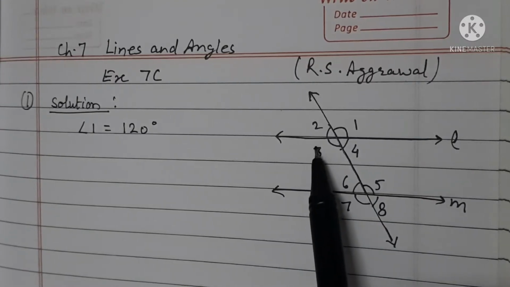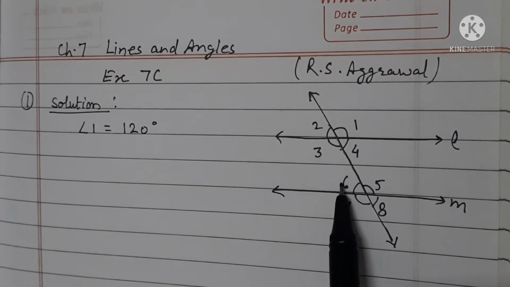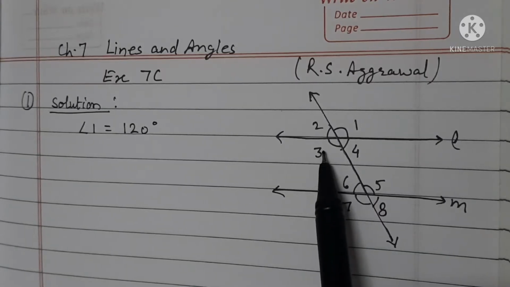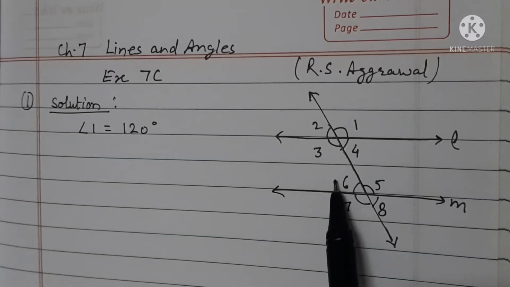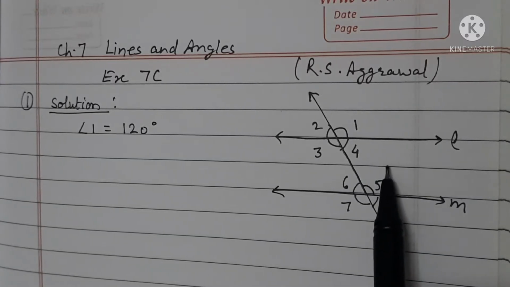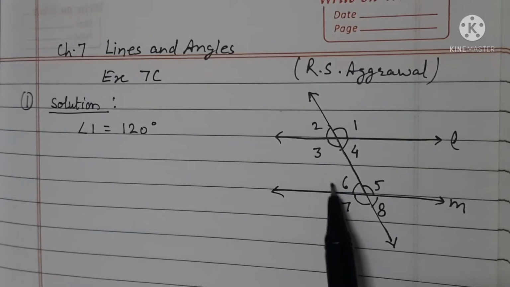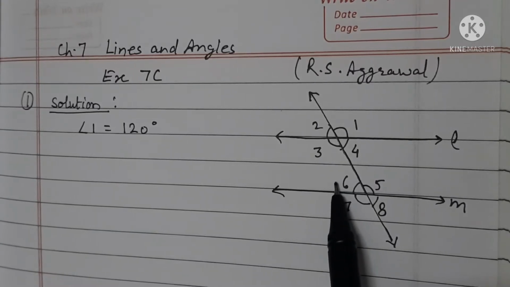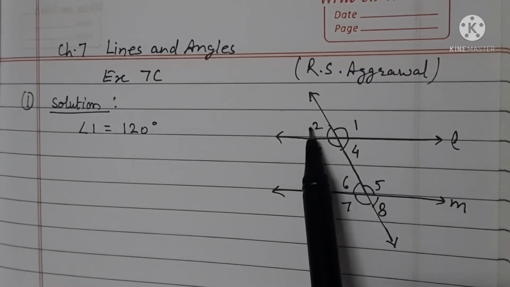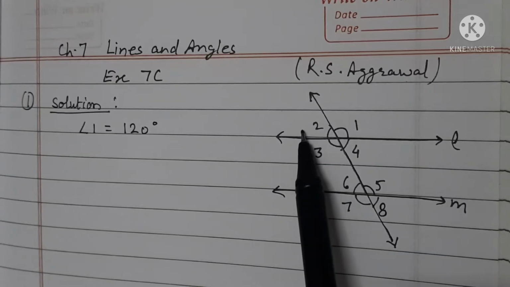And see other angles, angle 3 and angle 6. What is the relation between angle 3 and angle 6? These are co-interior angles and the sum of co-interior angles will be 180 degrees. So you will write angle 3 plus angle 6 is equal to 180 degrees, and then you solve and get the value of angle 6, and angle 6 is equal to angle 2, corresponding angles.